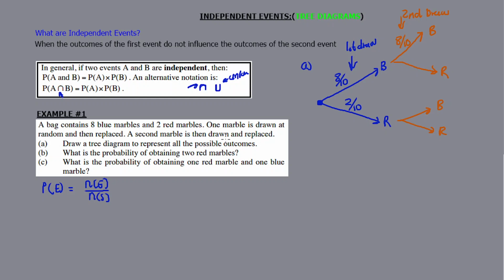I draw and replace. So for the red ball, after taking the blue ball, then I do the second draw, it's 2 out of 10. So it's still 8 balls out of 10, and it's still 2 out of 10.